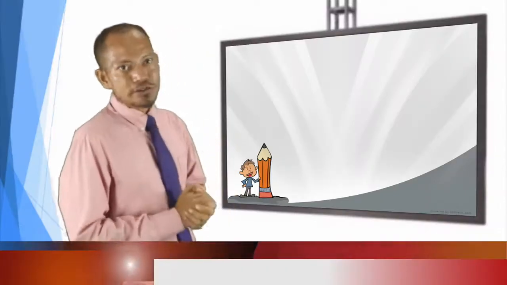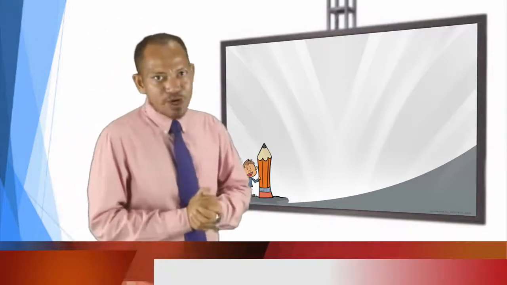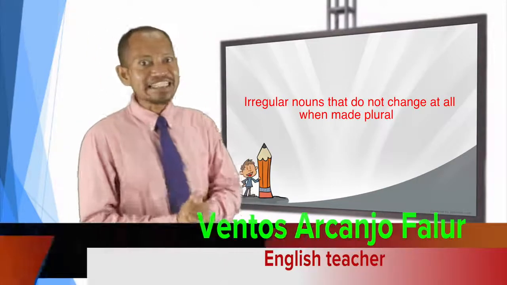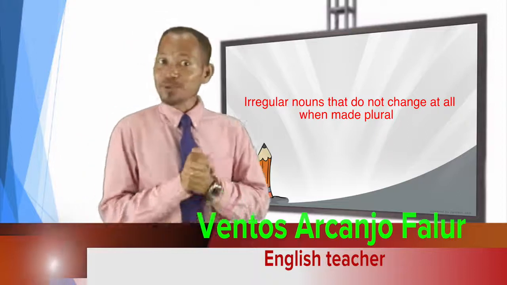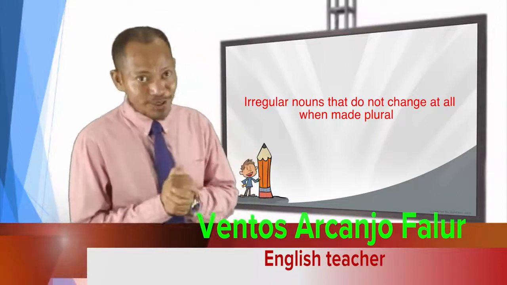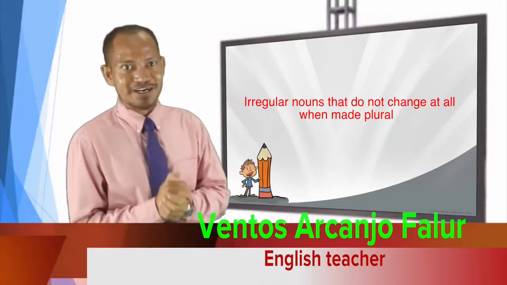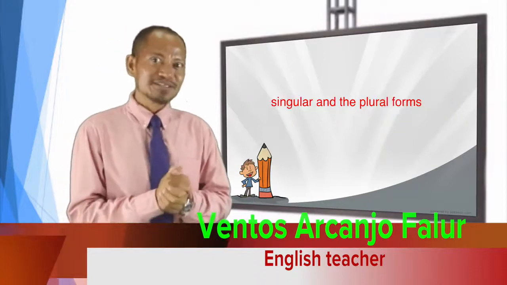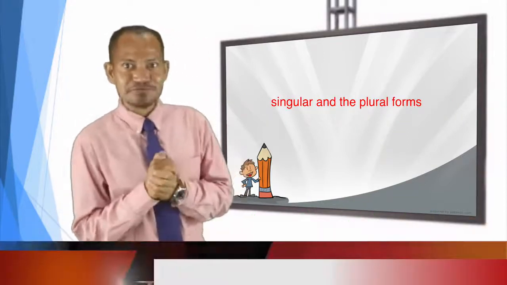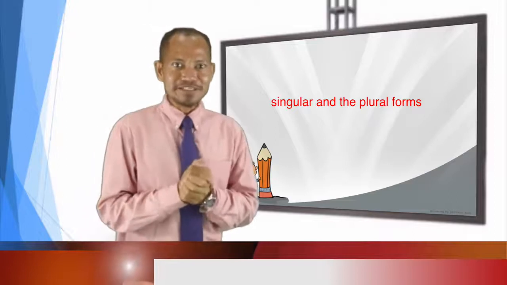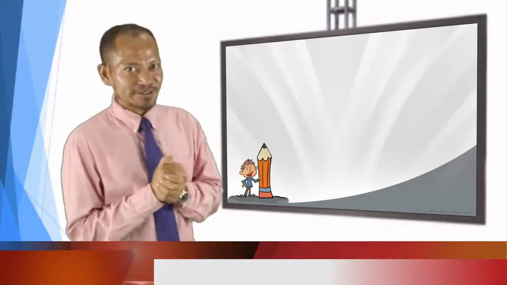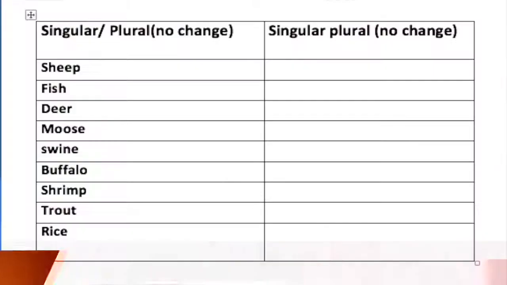Now, please also have a look at some irregular nouns that do not change at all when made plural, because some of these English nouns are identical in both the singular and the plural forms. Many of these are names for animals, so please have a look at them in the table. See, the plural of sheep is sheep.